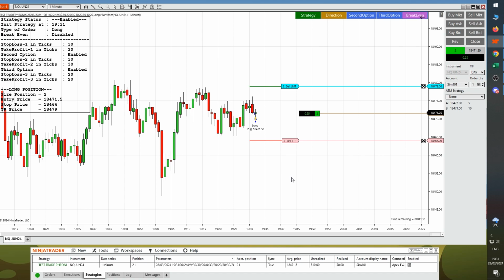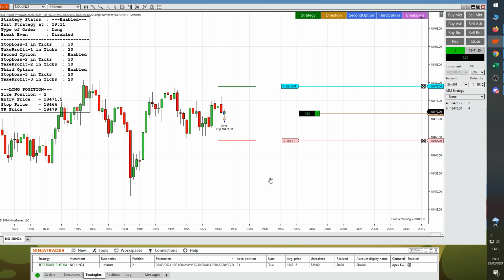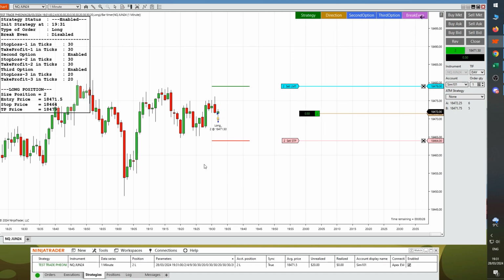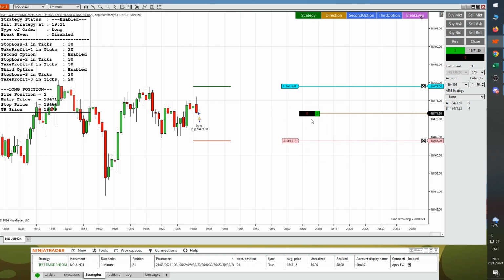I hope it takes faster than my London time of 2 hours. So it enters in this. I can see my stop loss and take profit, so we'll see those. We'll see it on the hedge though.